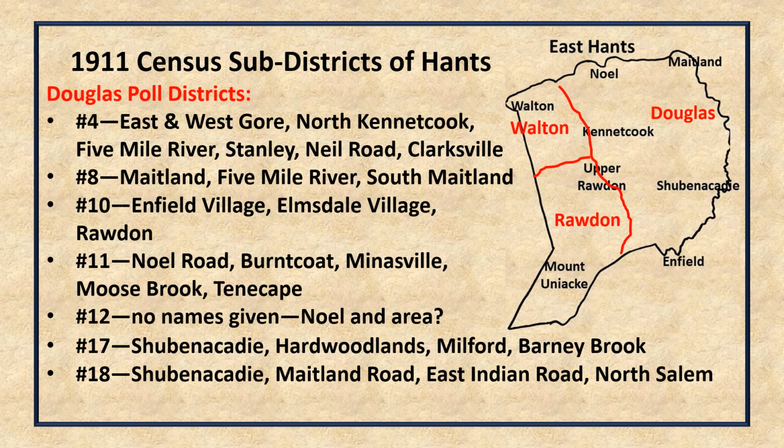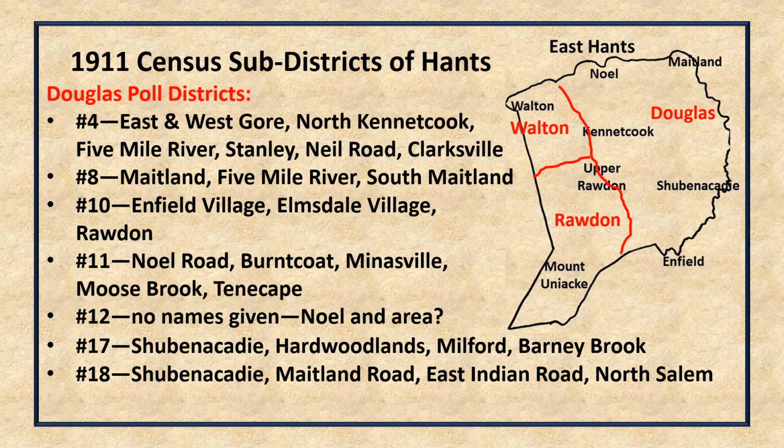Moving on to 1911, we find a significant change in the census subdistricts. Within designated areas of East Hants, as shown on the next 2 slides, communities and/or regions are grouped by subdistrict numbers according to electoral poll districts.